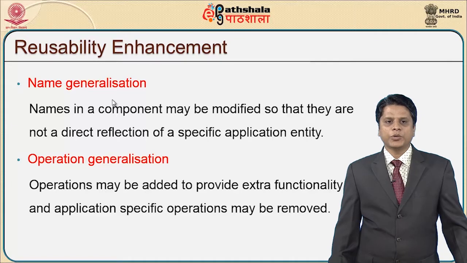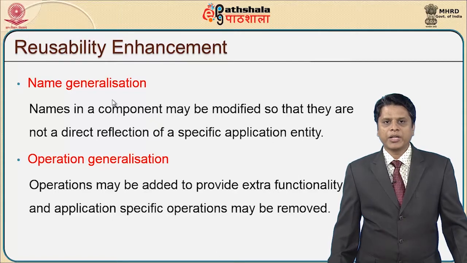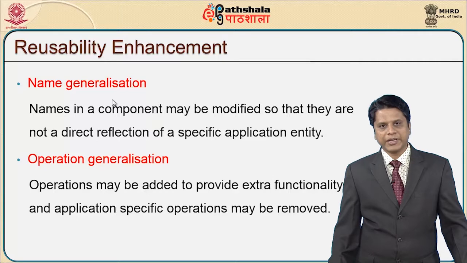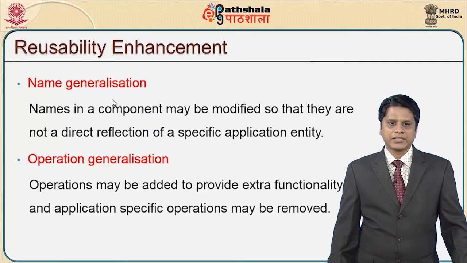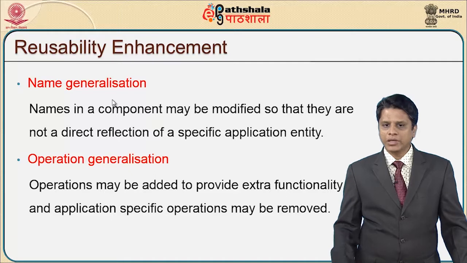As an enhancement to reusability, we have name generalization and operation generalization. Name generalization means names in a component may be modified so that they are not a direct reflection of a specific application entity. Operation generalization means operations may be added to provide extra functionality, and application specific operations may also be removed.